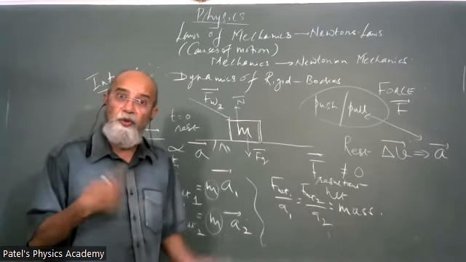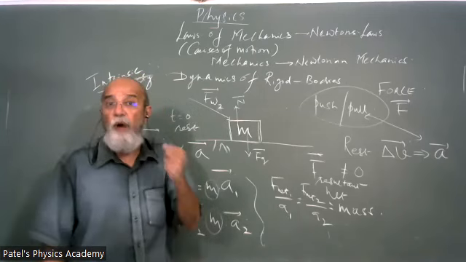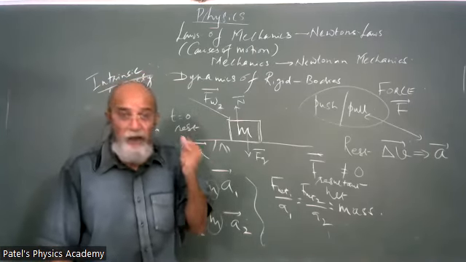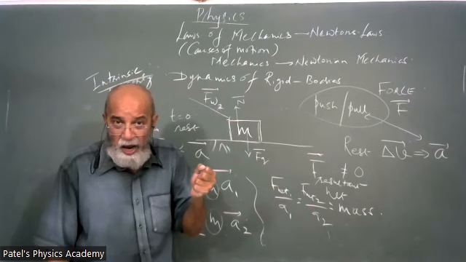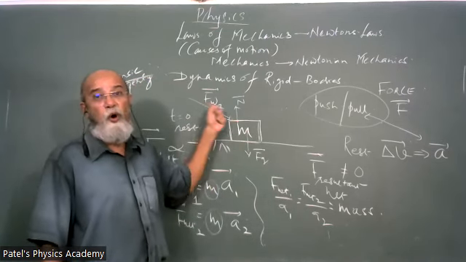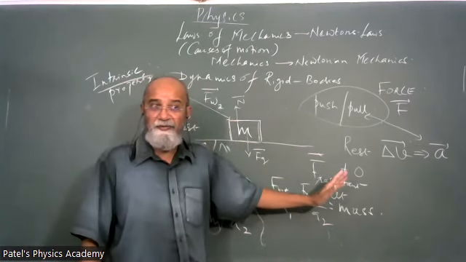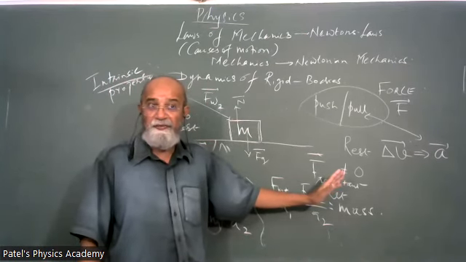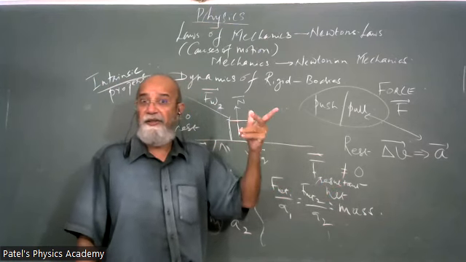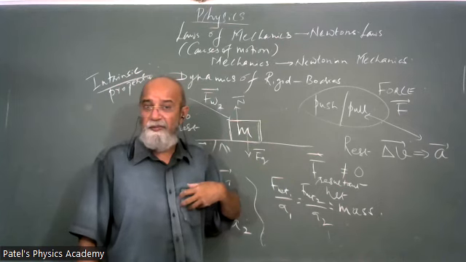Now, Newton looked at it the reverse way. He says, if you have a rigid body which has an intrinsic property mass, then if you apply a net force on this, you will see acceleration. Do you understand? See, now he speaks in a different way. But we know what it is.